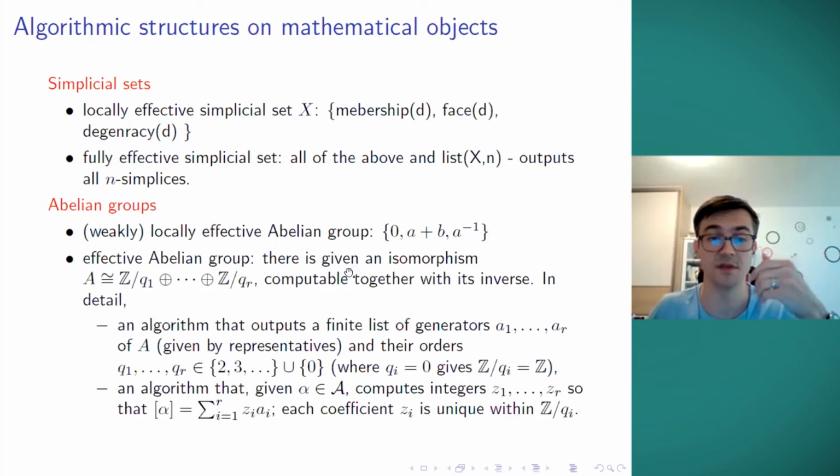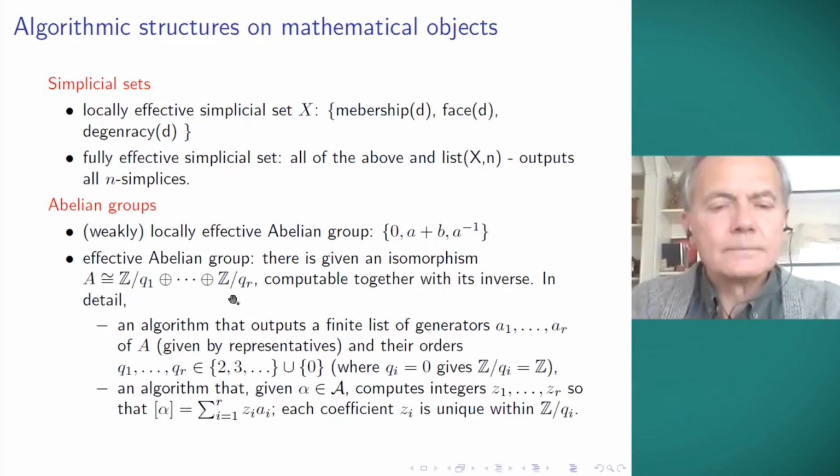What I call a fully effective abelian group, a full expression, is basically somebody outputs the isomorphism type of your group, giving you representatives, concrete data, and this represents the group as such, a complete description. So this is a fully effective structure. This is, in a sense, finite, whereas the first one is infinite.